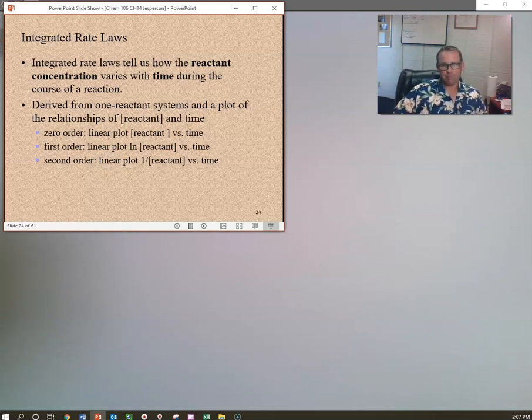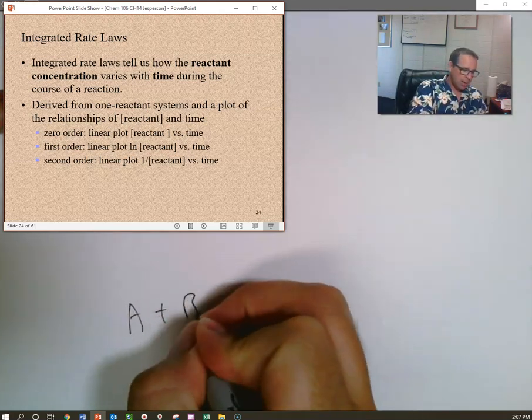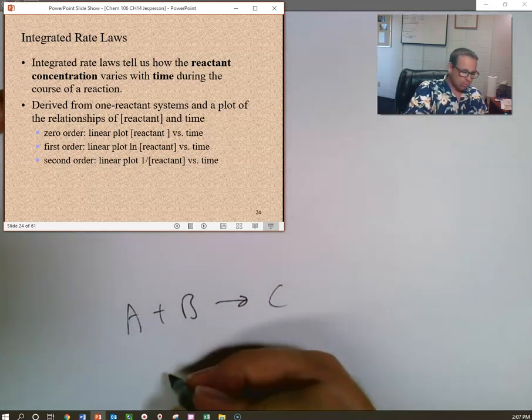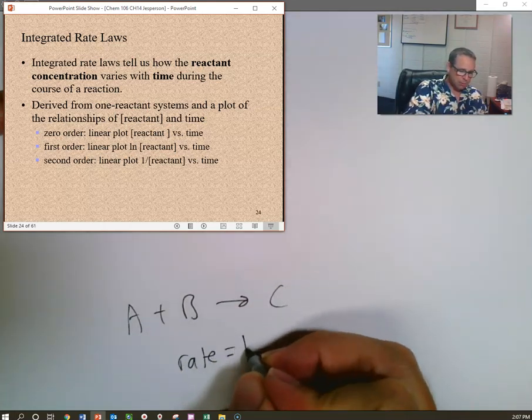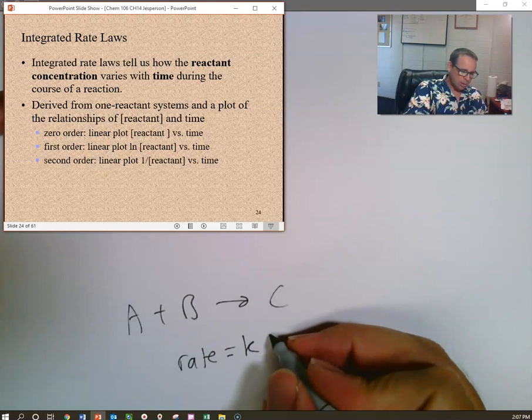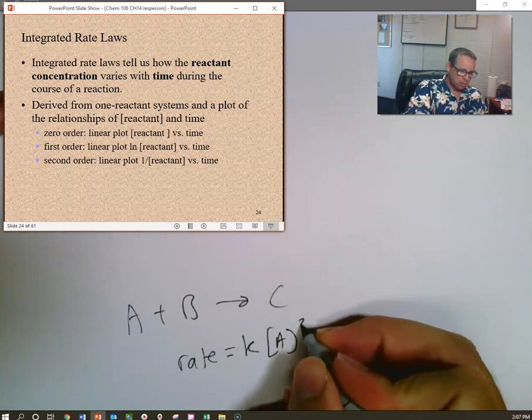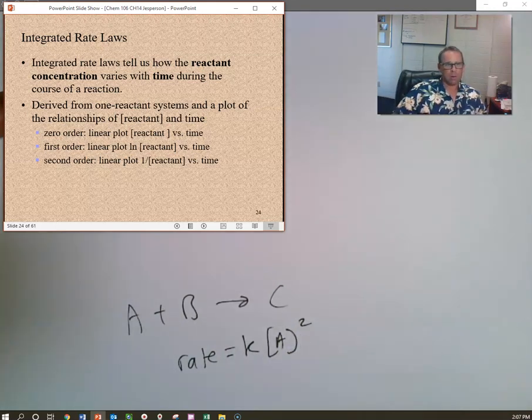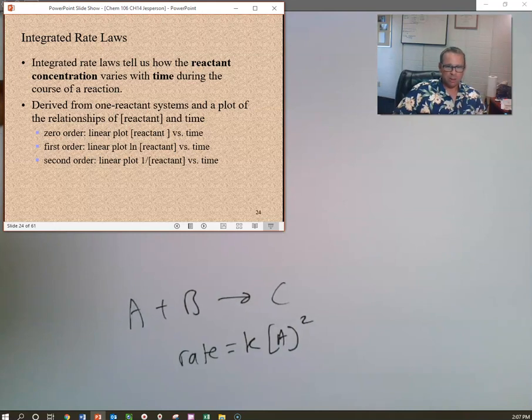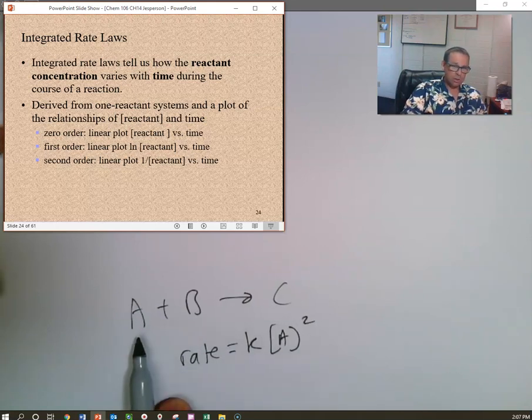passed, right? So I have a chemical reaction. I have a rate law that I've determined experimentally for this reaction, right? Concentration of A maybe squared, right? So I've determined all that stuff. Now what I'd like to know is, based on my rate law, if I start at time 0, right?